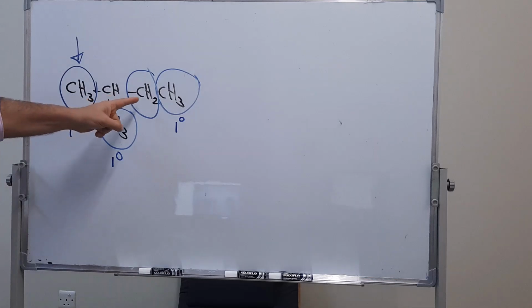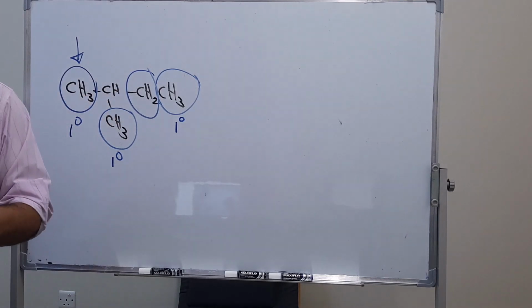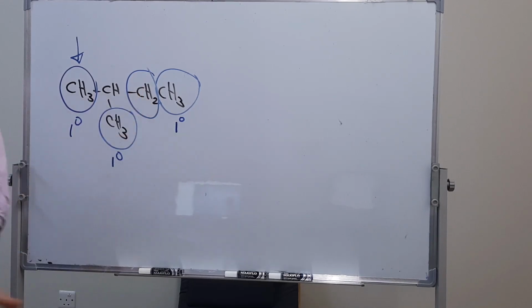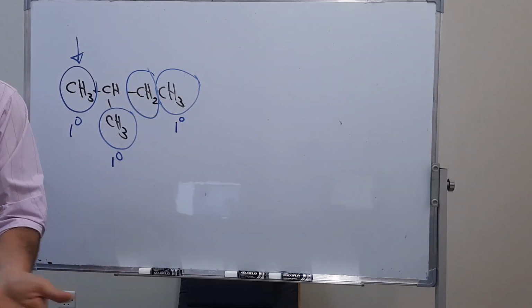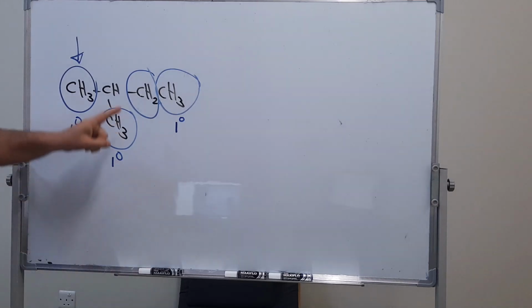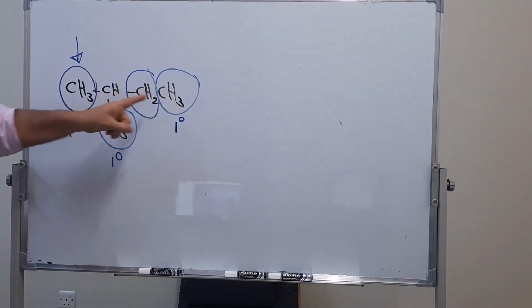Doctor, I think it depends on the position that you start. No. What's difficult just to know this carbon? How many carbons are attached to this carbon? 2. That's it. Then it's secondary. Where should the ambiguity be here? There shouldn't be any ambiguity. This carbon is connected to 2 carbons.